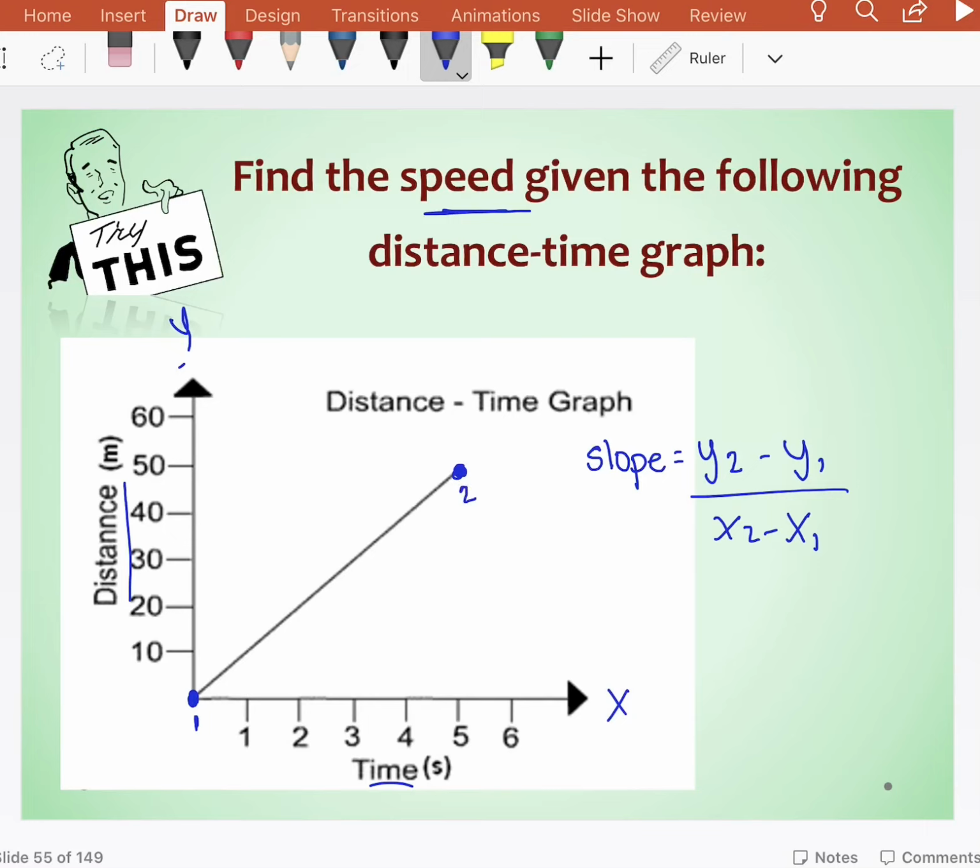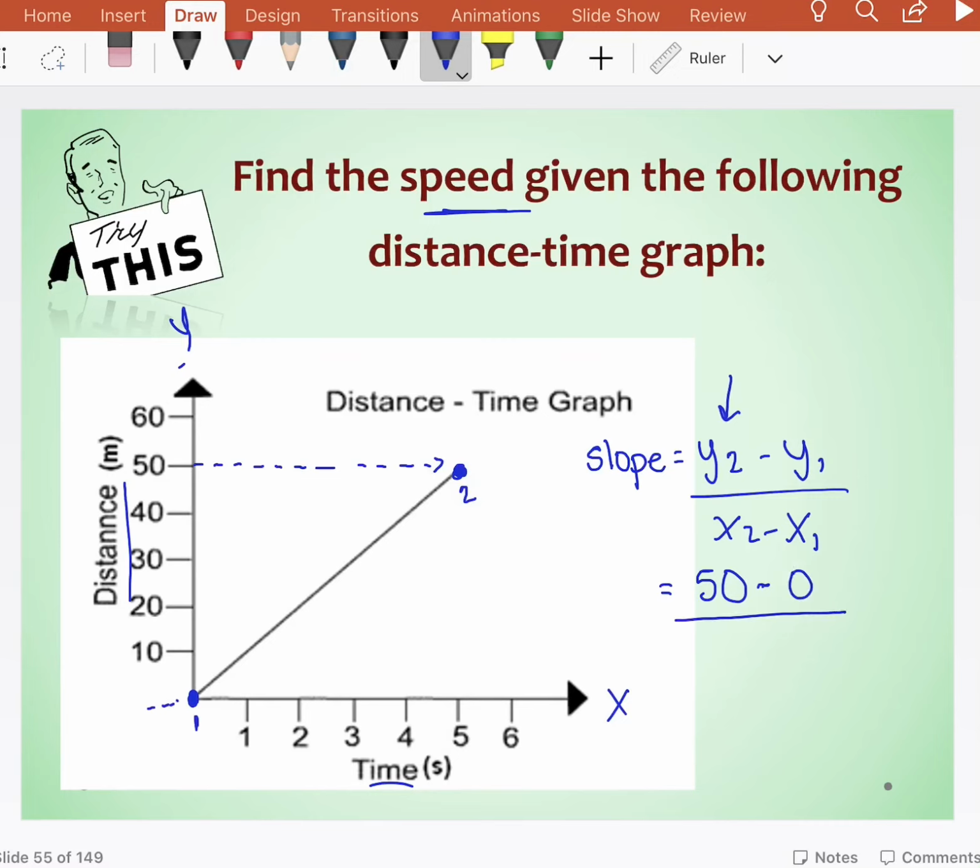It's very important you don't just get to arbitrarily choose point 1 and 2. Point 1 is always going to be the one that's furthest to the left, and point 2 is the one that's further to the right. So if I look at my values here, first I plug in y2. This is the y-axis value of point 2, which is 50. And I subtract the y-axis value of point 1, which is 0.